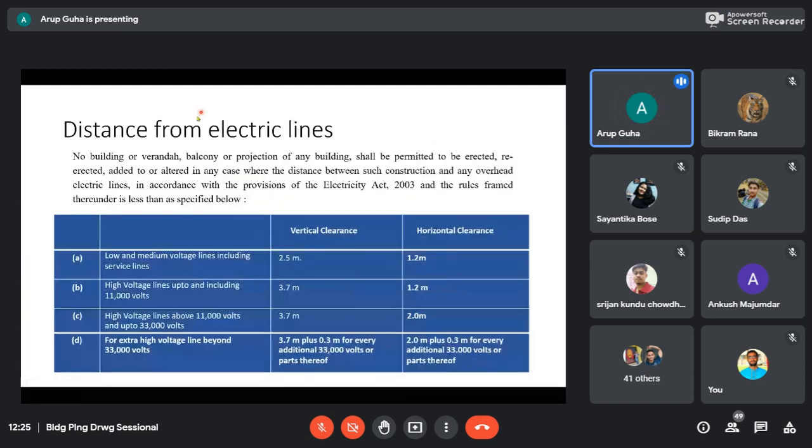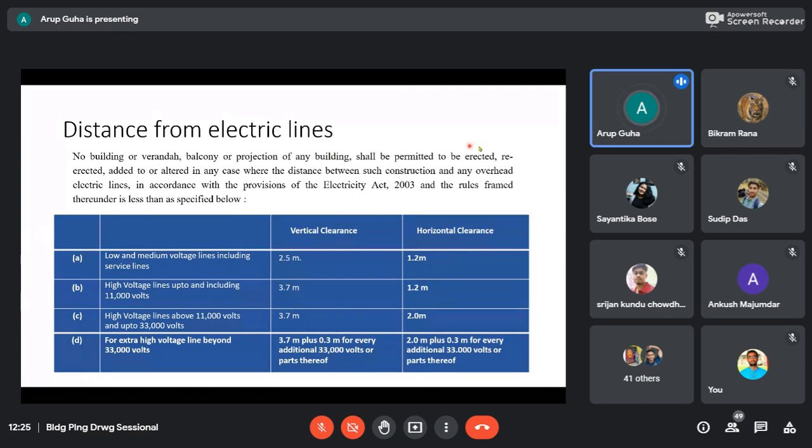From electrical lines you must keep certain distance. When a veranda is protruding from the building, that must be 1.2 meters away from the electrical line. Otherwise, you are liable to induction from your high voltage electric line.